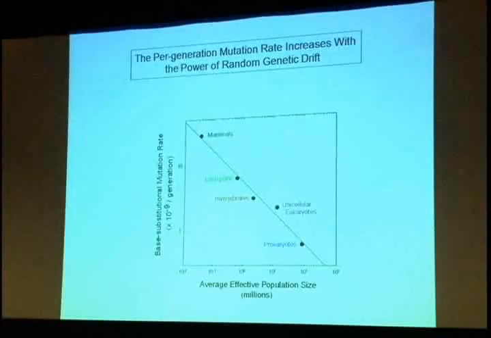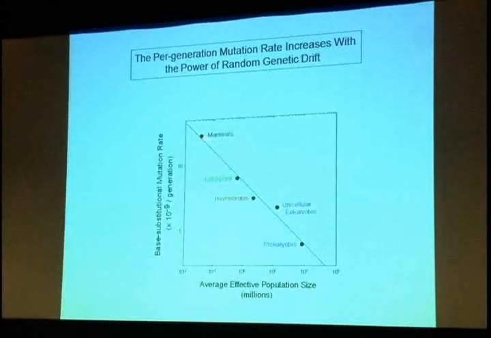So our mutation rate is increased, not just because of an increased number of cell divisions alone, but due to the fact that all of our DNA repair pathway machinery has been incapacitated. And the reason that's happened is because random genetic drift plays a much more powerful role in us mammals than in prokaryotes. So our average effective population size in millions is quite low compared to what it is in prokaryotes.